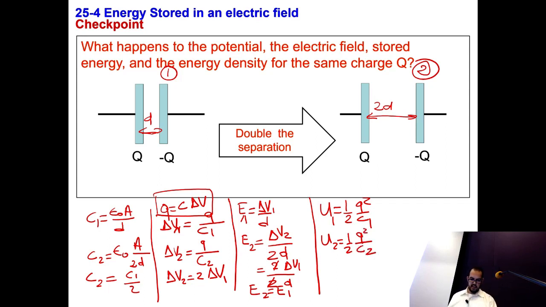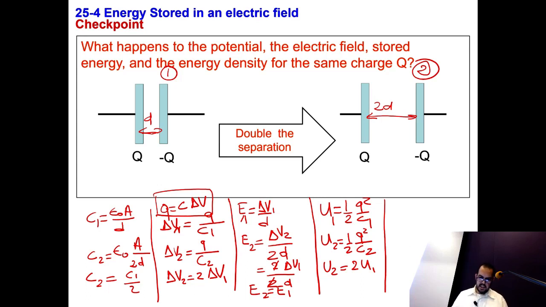But we said C2 is C1 over 2, so U2 is going to be equal to 2 times U1. So the electric field remained the same, but the potential energy stored in the capacitor has doubled.